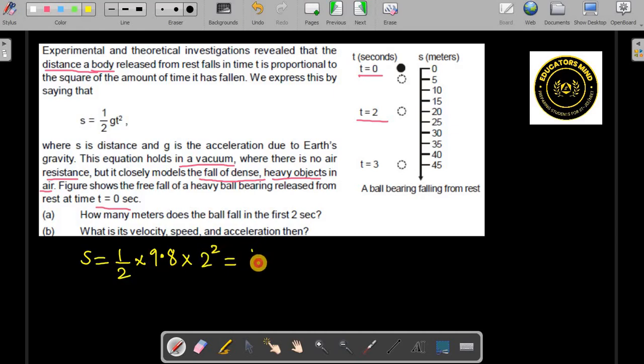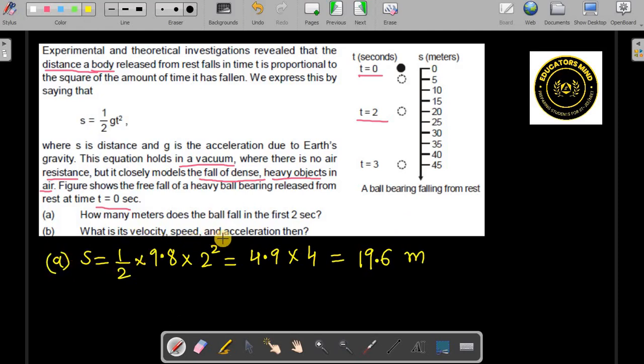So from here it is 4.9 into 4, correct? So you can calculate this, how much it will come. 6 and 16 plus 3, 19, right? So 19.6, isn't it, meter. Okay, that's the first part.